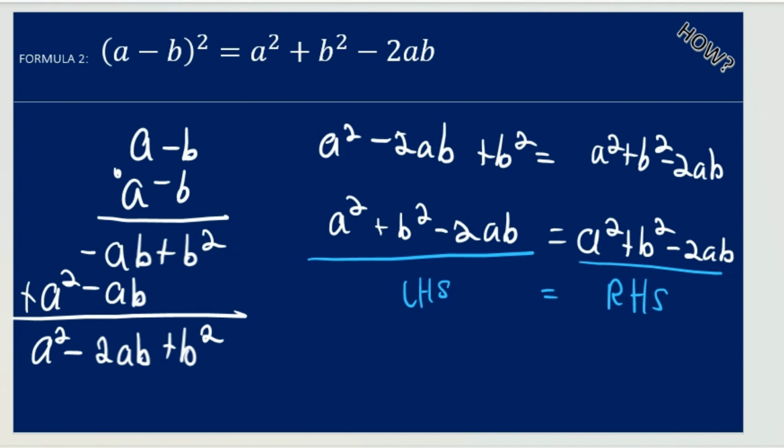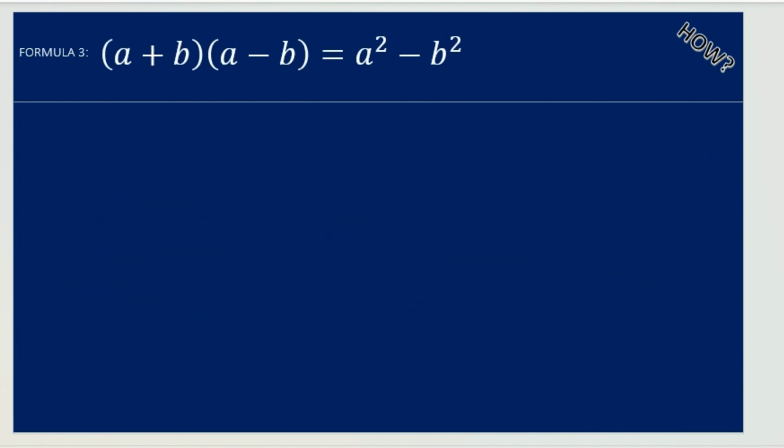Now let's move on to formula number 3. Formula number 3 is (a + b) times (a - b) equals a squared minus b squared. So again, here, we want to make the left-hand side equal to the right-hand side. So what can we do with the left-hand side, which is this side, to make it equal to the right-hand side?